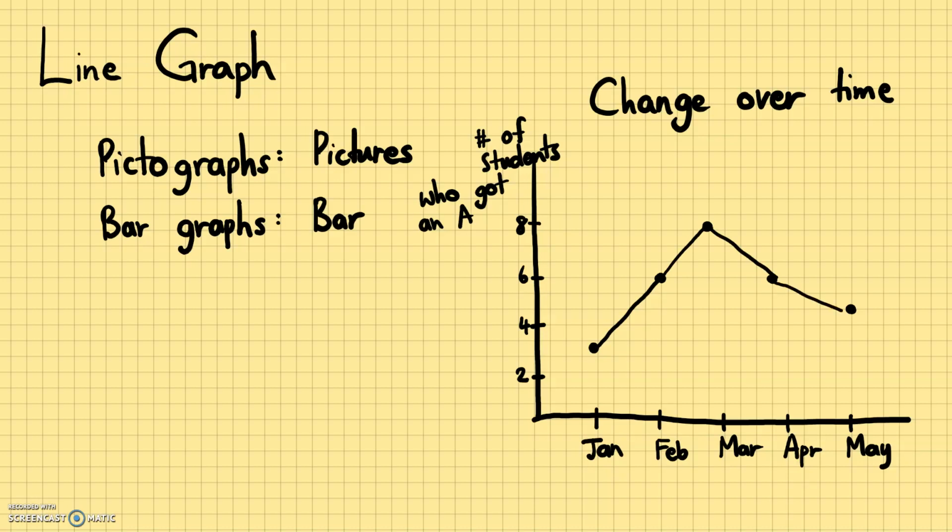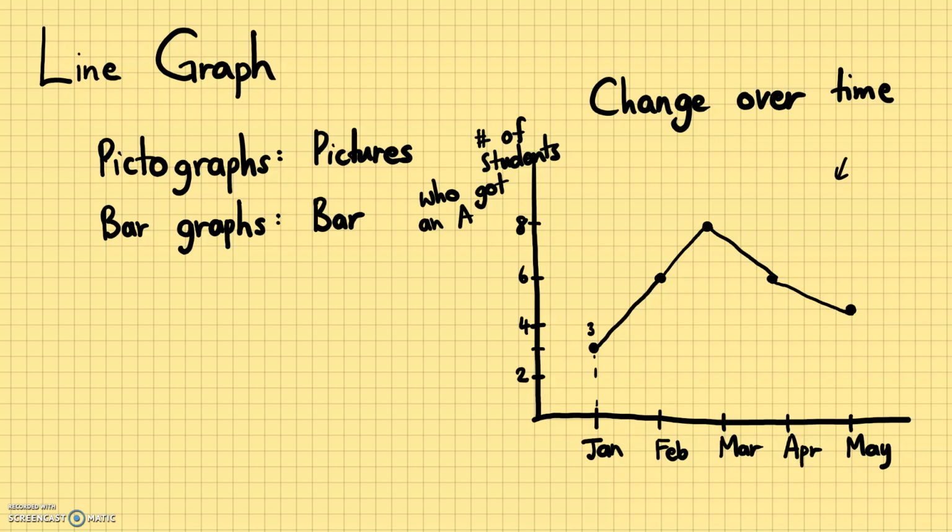So how do you read this line graph? As you can see, it has a line to represent data. In January, you see this point right here. It's in between 2 and 4, so I'm assuming it's going to be 3. This means in January, there were 3 students who got an A on the math test.